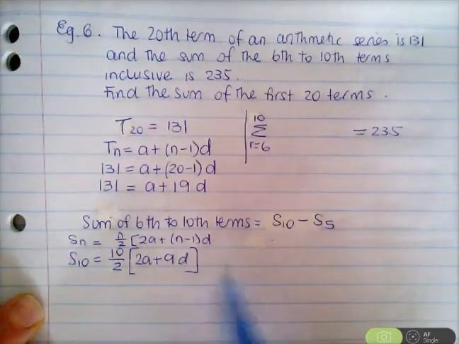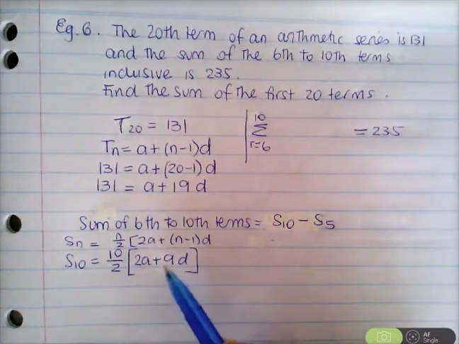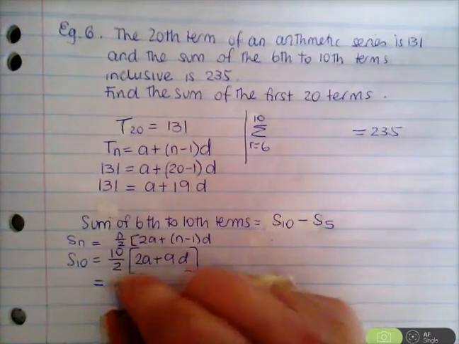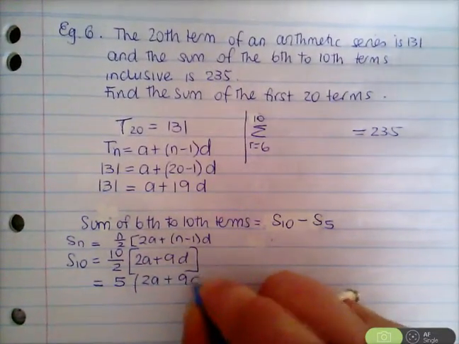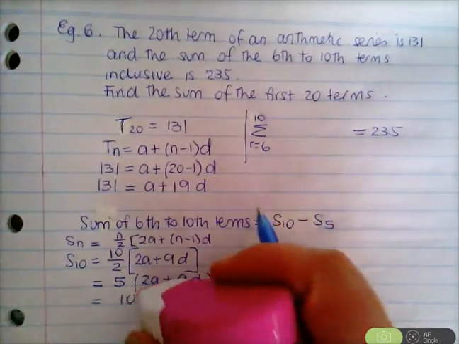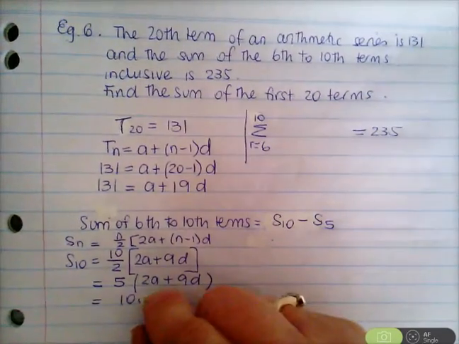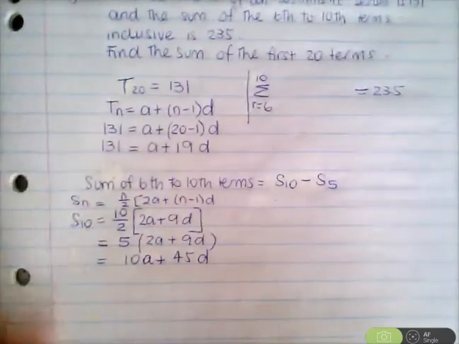So sum of first 10 terms is 10 on 2 (2a plus 9d), which is 5(2a plus 9d), which is 10a plus 45d.